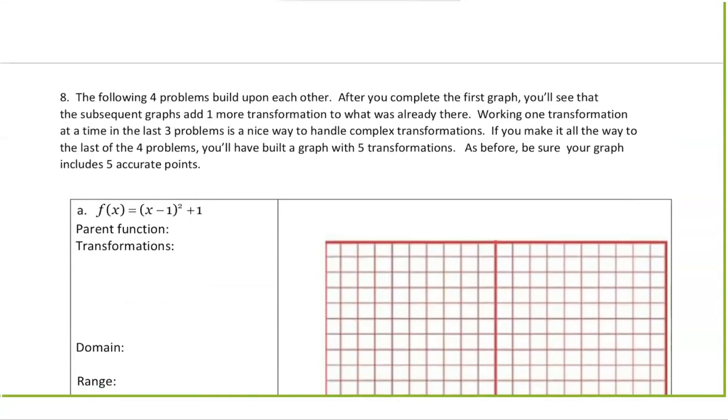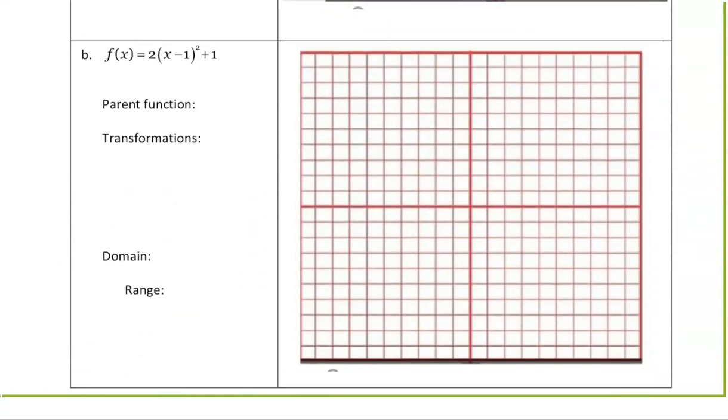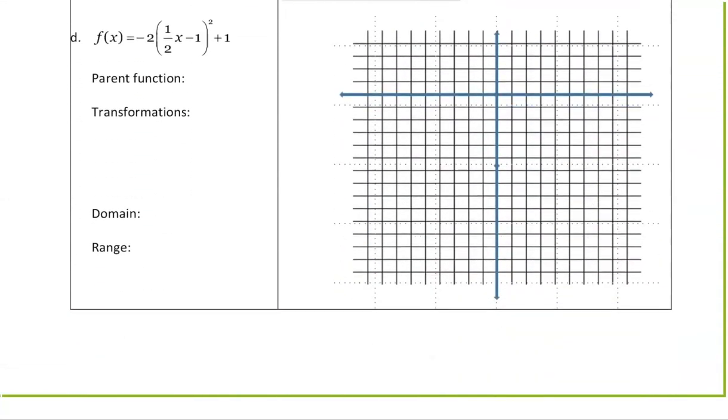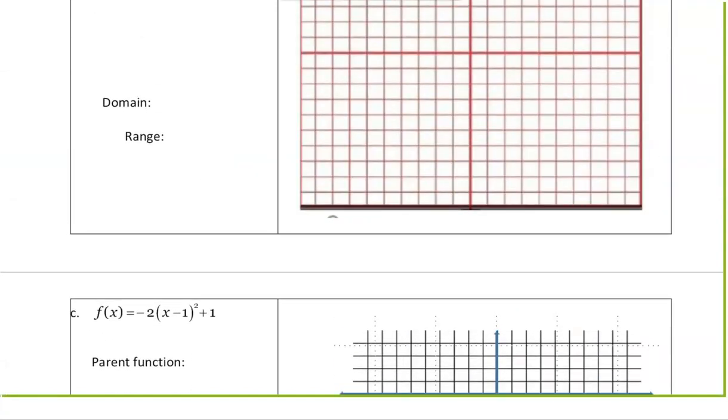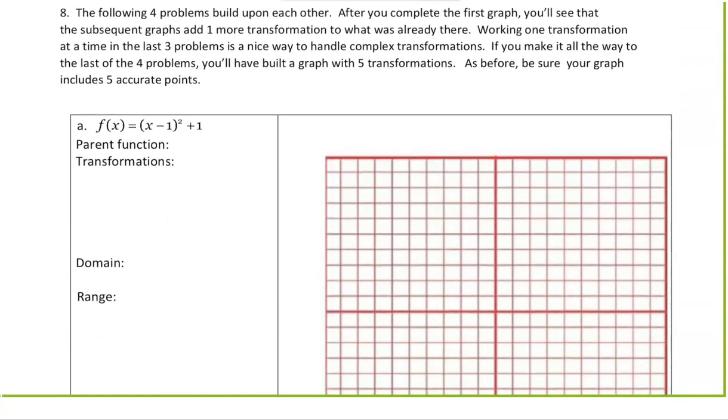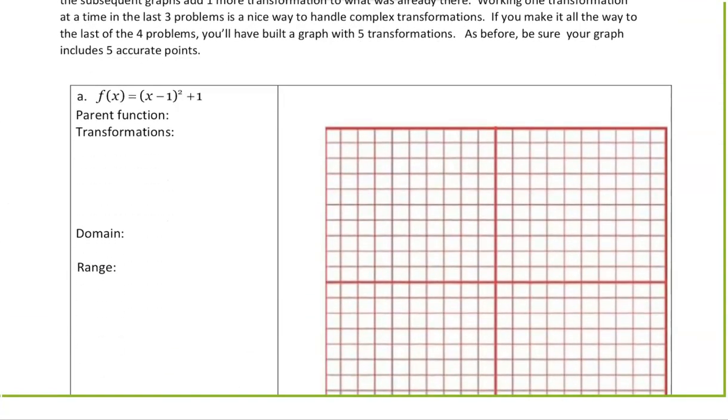Then what we're going to do here, each of these subsequent problems are based on the previous one. So let's talk about how we're building. Okay, so initially the parent function is f of x equals x squared. The transformation to that parent function is I'm going to go to the right 1 and up 1.